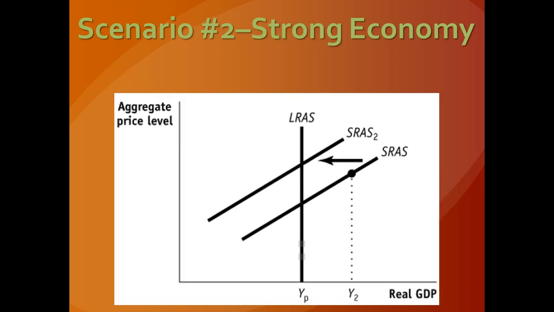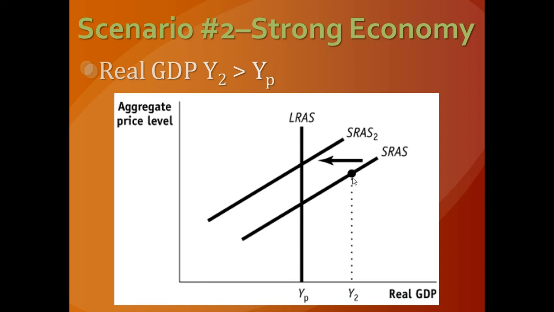Or if we looked at the opposite scenario, in a strong economy where real GDP, which is measured at Y2, is greater than potential output, we would say in this case there's essentially more workers than at the natural rate. We're beginning to see competition because there's now fewer people available for new jobs, and so there's going to be competition that might push wages up.